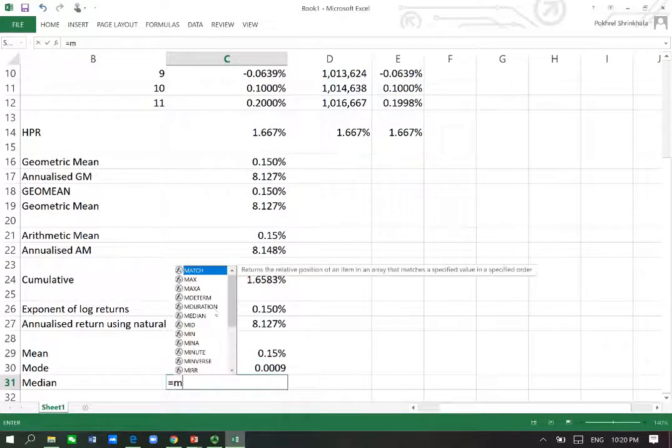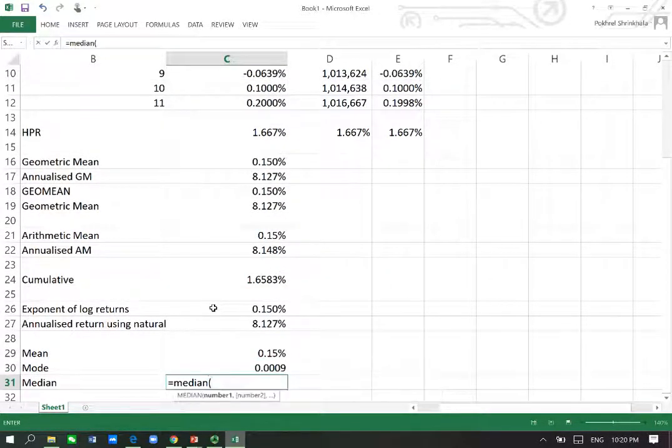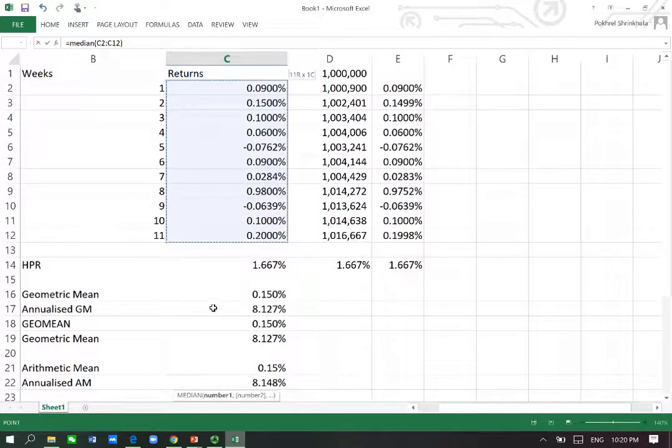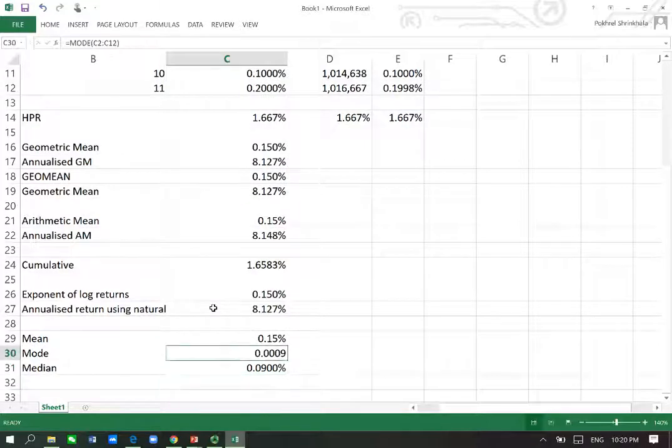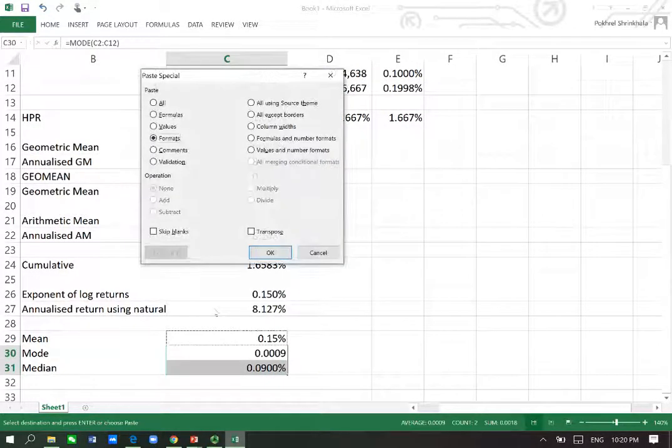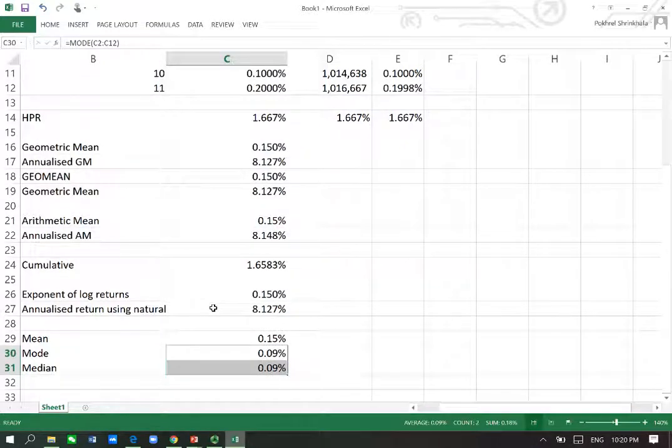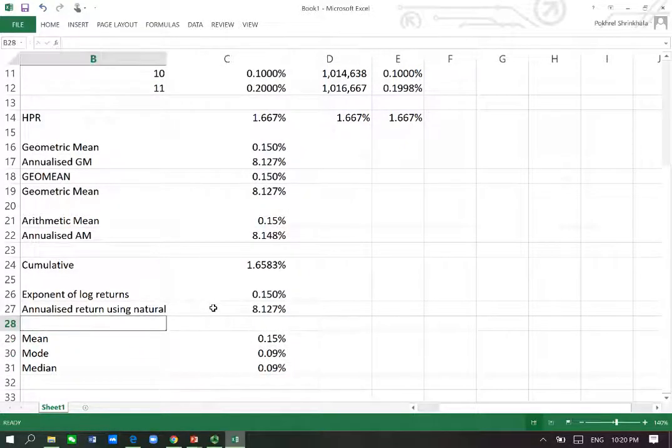And the final one is median, and therefore we have the median number here. So we can see that we can obtain different values.